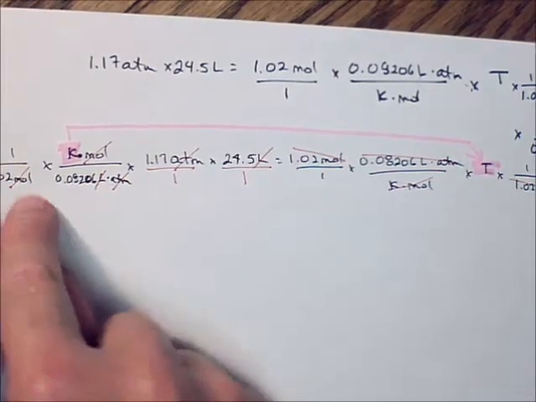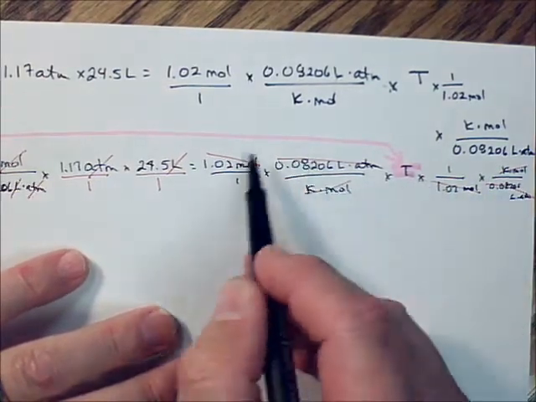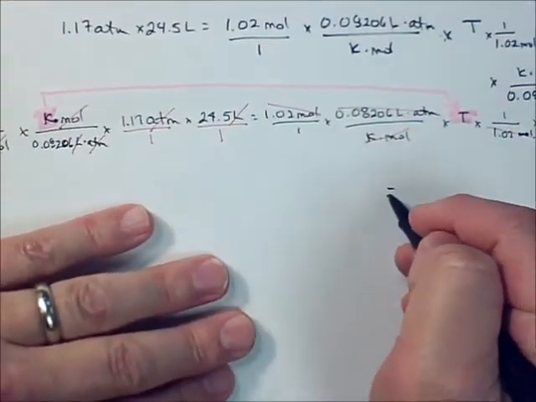This is a lot of stuff spread out a long way, so I'm going to condense things a bit. We've canceled everything over here except temperature, so I'm going to write it this way.